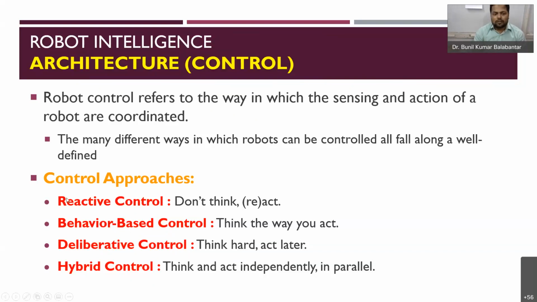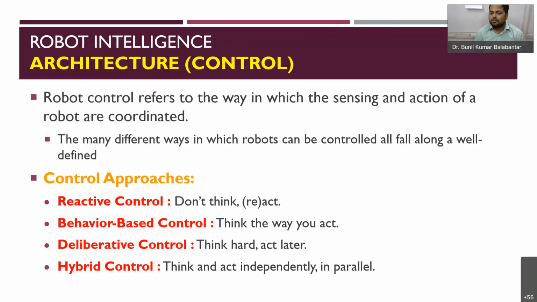So there are different control approaches. Reactive control, where it is not going to think anything. You give certain data, it will perform. Behavioral based control, it has to think the way you act. That means your parents are doing it, and at the same time you are learning and doing it. That's behavioral based control.